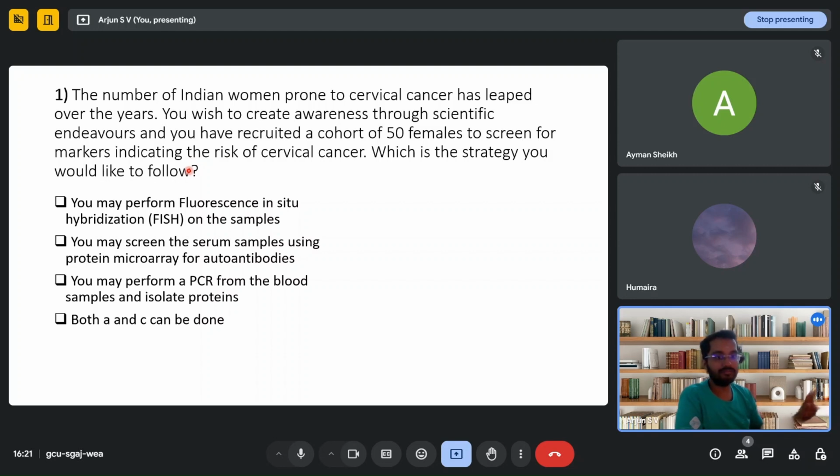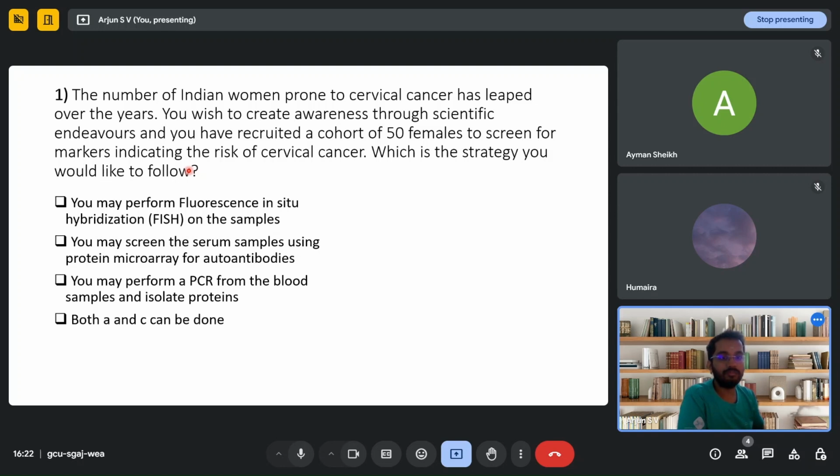So this is a repetition of the same problem statement that we came across in the problem statements that I discussed for week 8. If there are a lot of female patients, a lot of patient samples, and there are a lot of risk factors that you need to study about, which one will you be performing and which one will be much easier? Which one requires a very small sample volume that you can use?